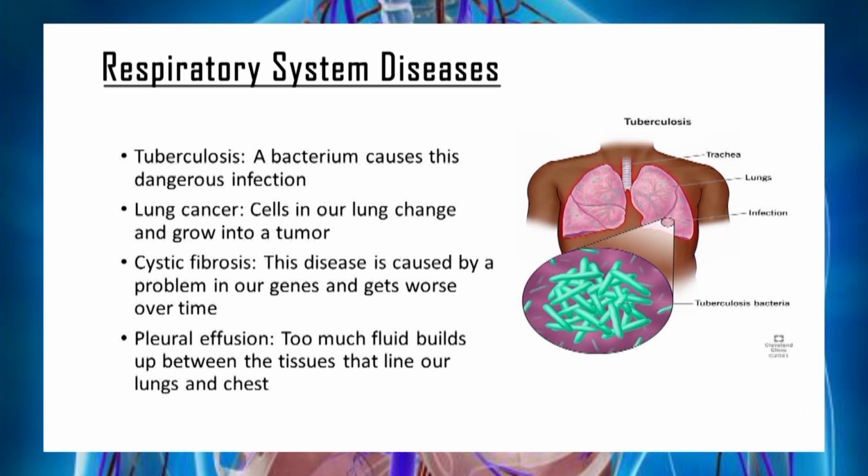Cystic fibrosis: this disease is caused by a problem in our genes and gets worse over time. It causes lung infections that do not go away. Pleural effusion: too much fluid builds up between the tissues that line our lungs and chest.